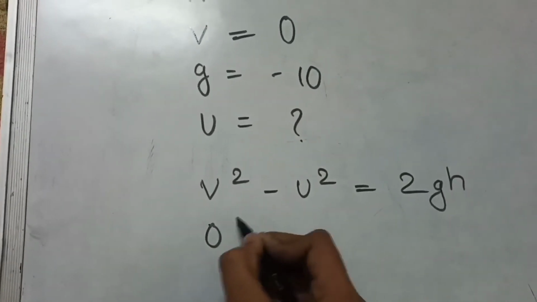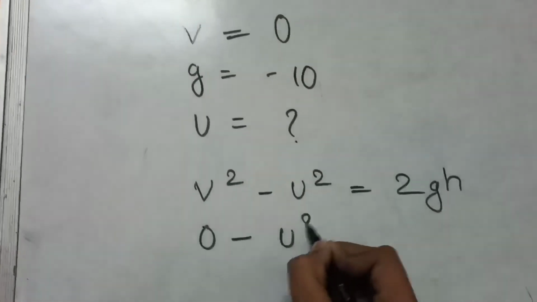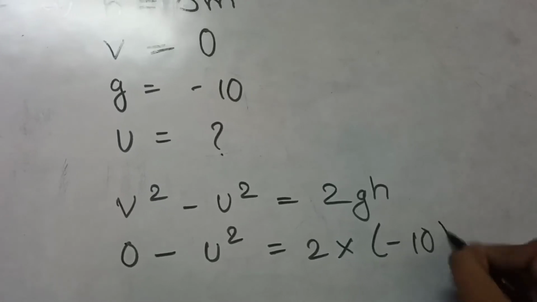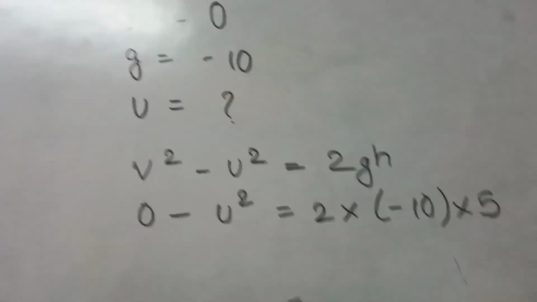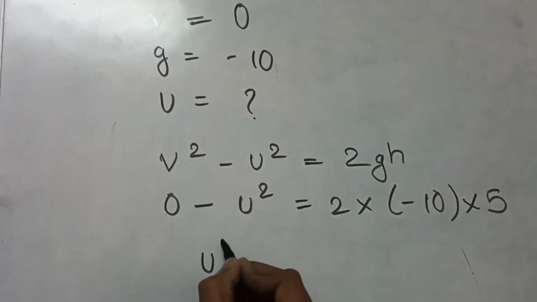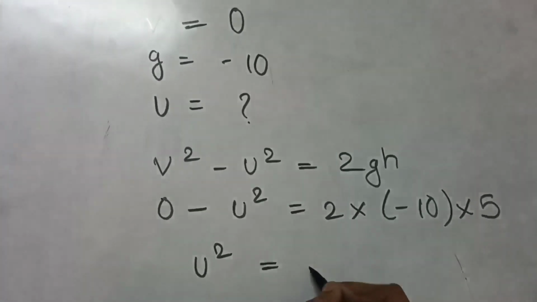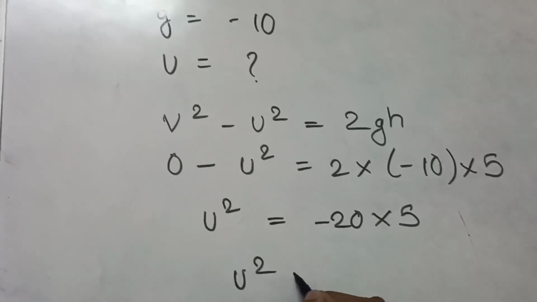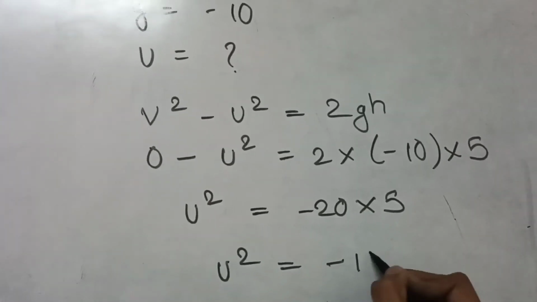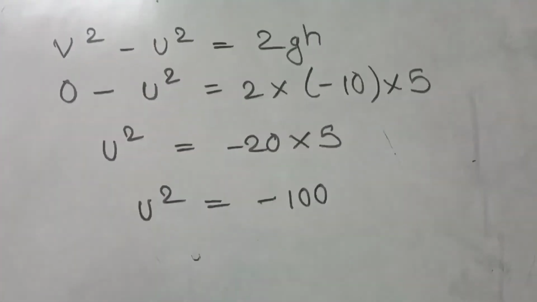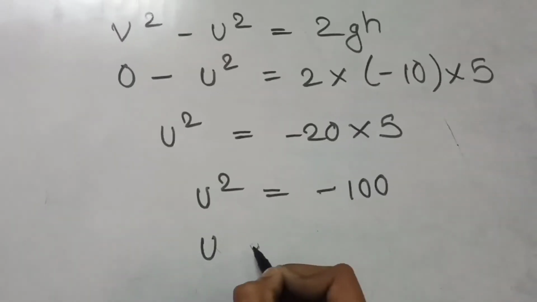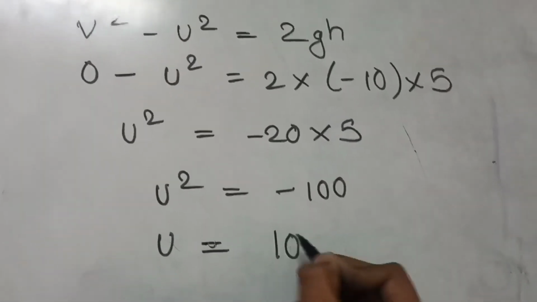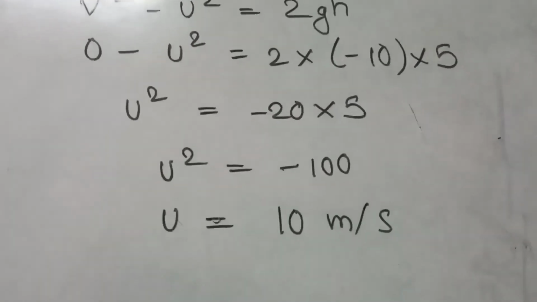Now v square we know is 0, minus u square is equal to 2 into minus 10 into 5. So u square is equal to 100. So u, the speed with which the ball was thrown upwards, will be 10 meter per second.